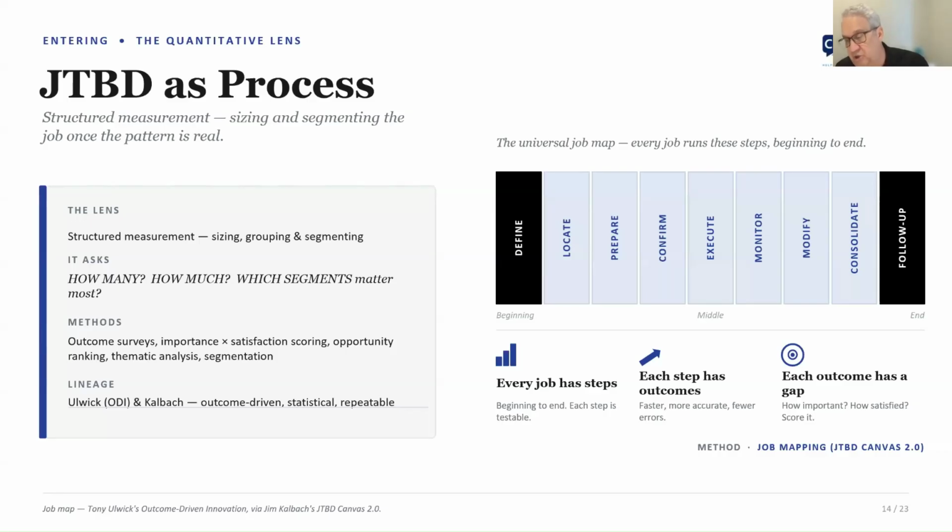And the framework that's used is this concept of beginning, middle, end, and mapping the job from start to finish and understanding not only the jobs to be done, but the steps to be done within each job, outcomes that people are seeking to achieve in relation to the jobs, and then looking for gaps in terms of priorities of outcomes.